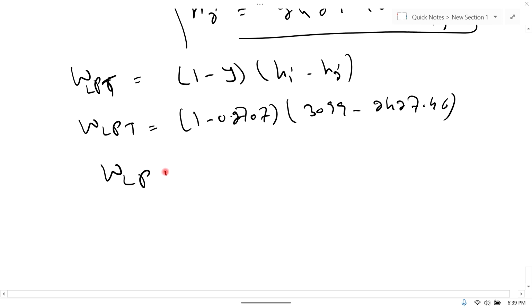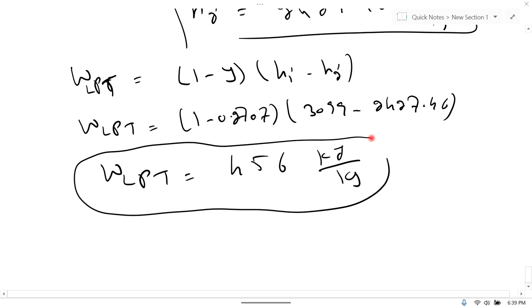So work of low pressure turbine is equal to 456 kilojoule per kilogram, and work of low pressure turbine is more as compared to work of high pressure turbine, because here pressure ratio is more and it depends on the pressure ratio.